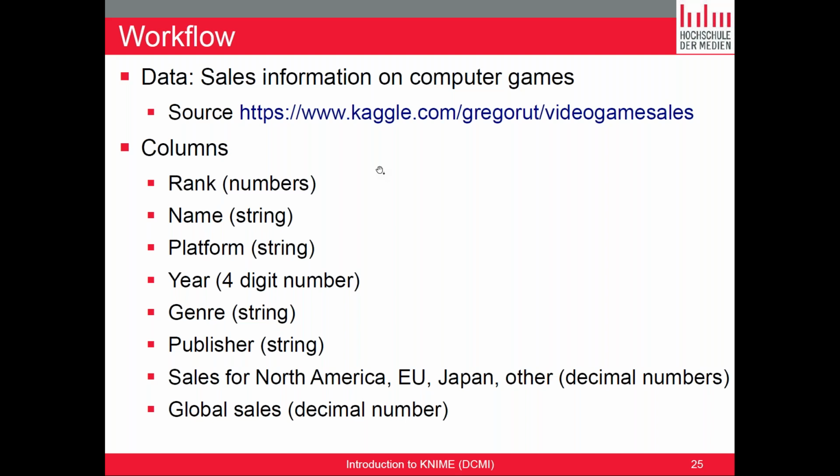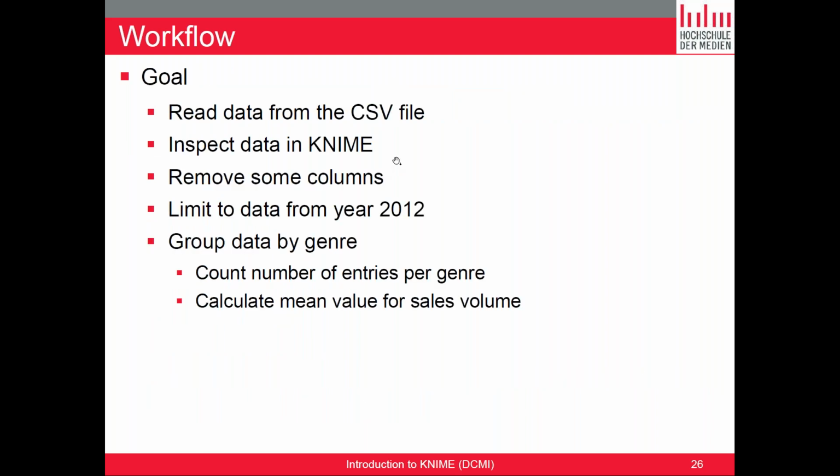But for our basic workflow, we want to achieve the following things. We want to be able to read the data from a CSV file into KNIME. We want to learn how the data looks in KNIME and try to use some of the nodes I just described. There's a lot of information, so we could remove some columns and make it easier to interpret and inspect. We want to limit the data to data from the year 2012.